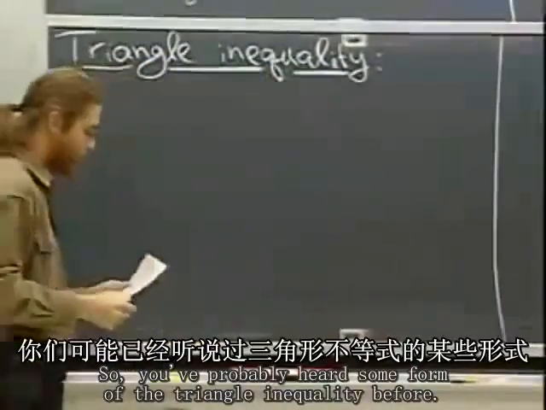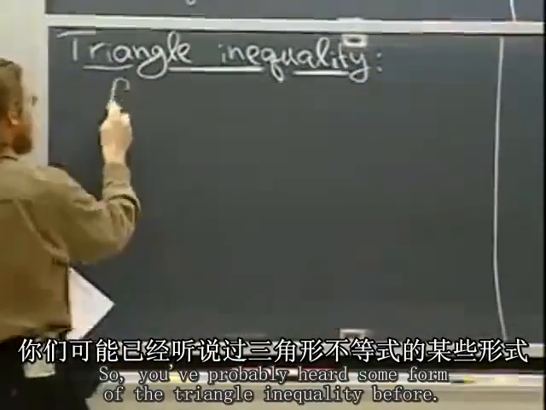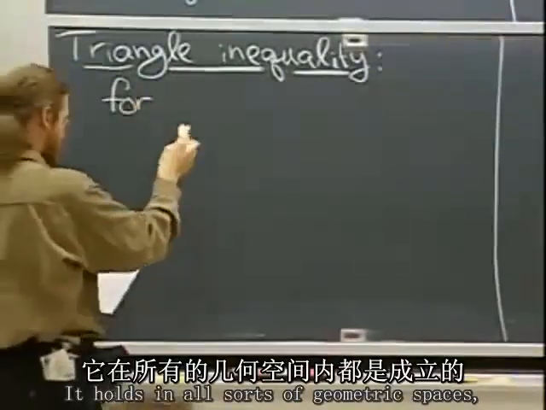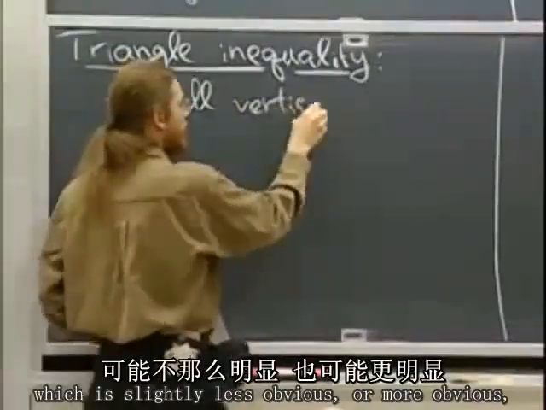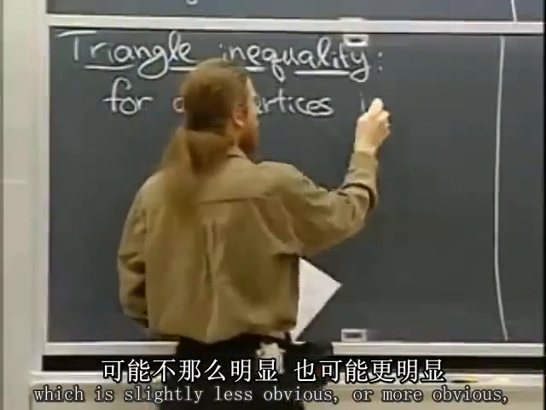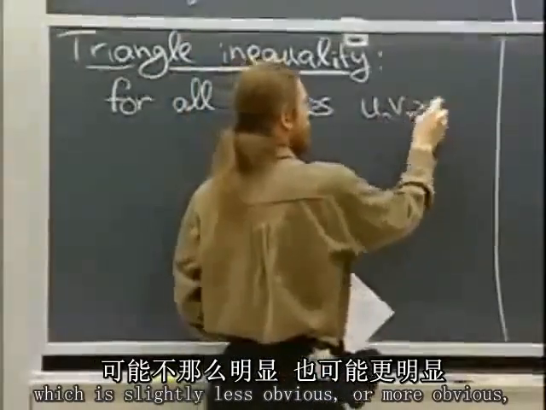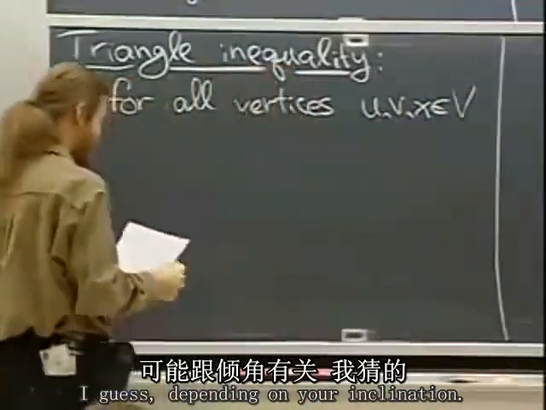You've probably heard some form of the triangle inequality before. It holds in all sorts of geometric spaces, but it also holds for shortest paths, which is slightly less obvious, or more obvious, I guess, depending on your inclination.